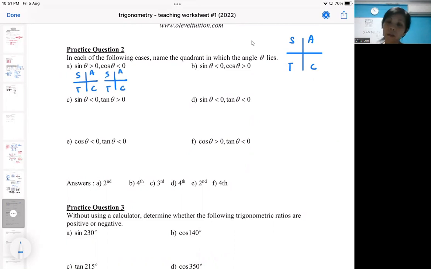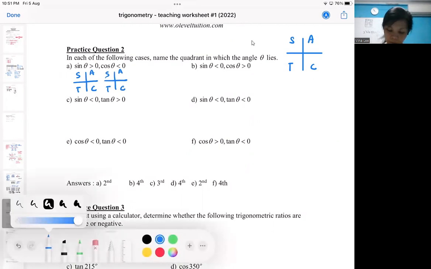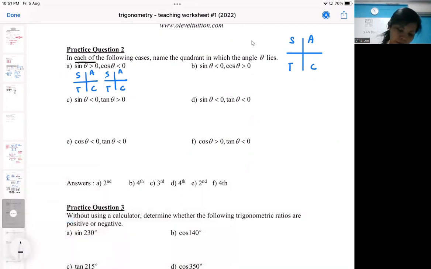So look at the first case. Sine theta is positive. So mentally, you go through your ASTC. Sine theta is positive, so it should be A and S. And then cosine theta is negative. So you think of the positive part first.